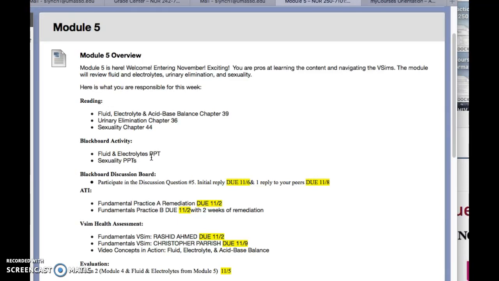These are things that will happen in practice. Know the anatomy and physiology, the differences between a man and a woman with their urinary systems.